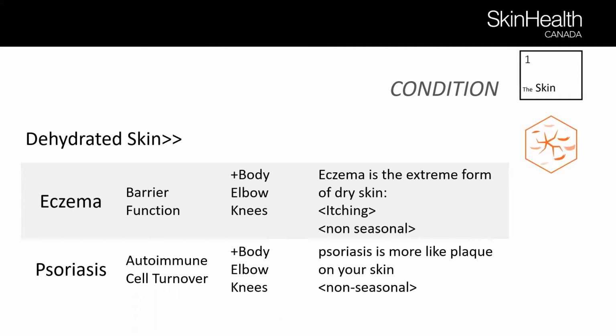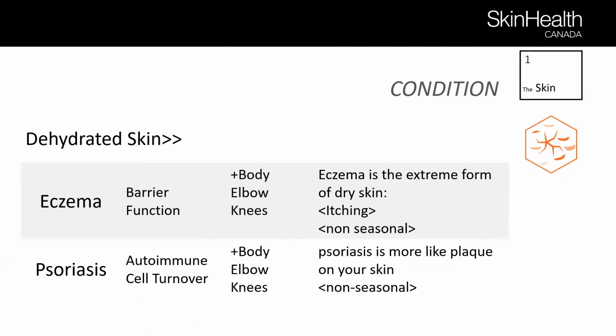When we're talking about dry skin, it happens everywhere, but the prevalence of dehydrated skin is going to be in the face, and that's where we're going to diagnose it most. We start to be more concerned about eczema when it's all over the body. Particularly, you're looking at the elbows and knees to see, is this just dehydrated skin or is this eczema?